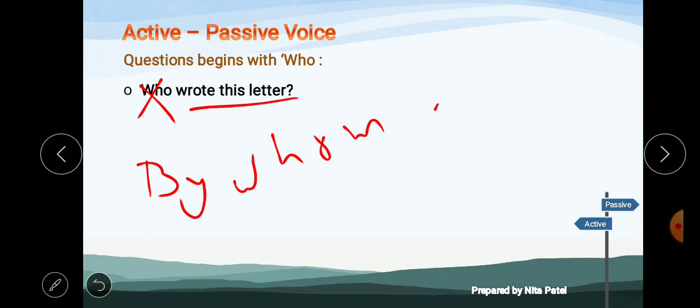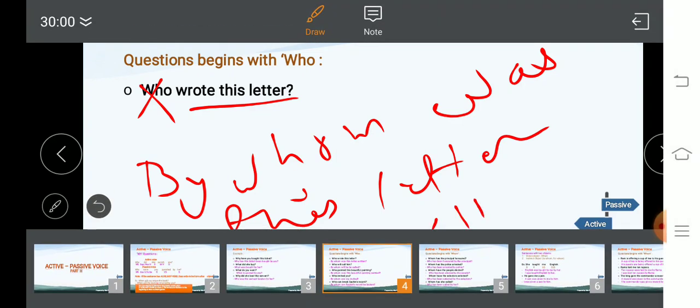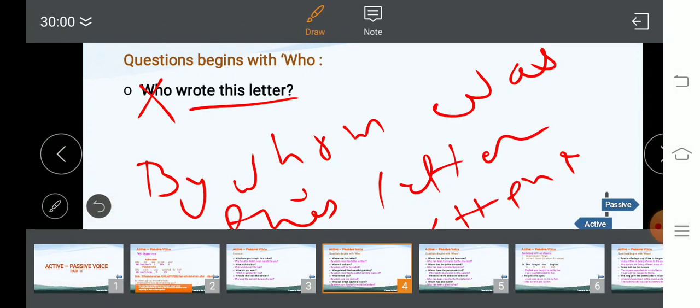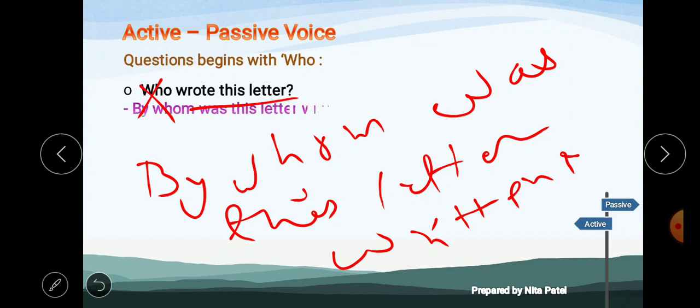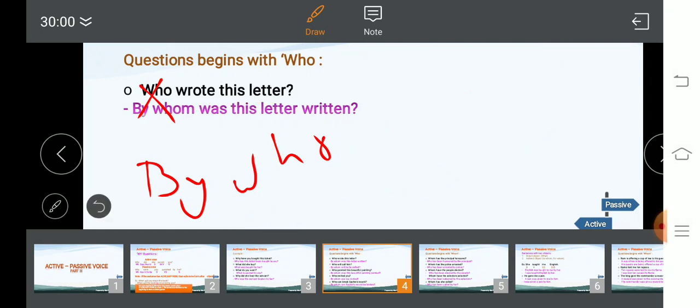By whom, now again, was, this letter, our object. By whom was this letter written, question mark, right? So we are asking about the doer of an action in a passive formation.